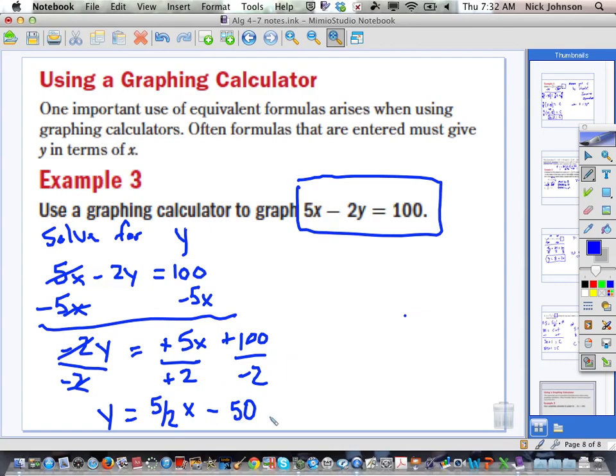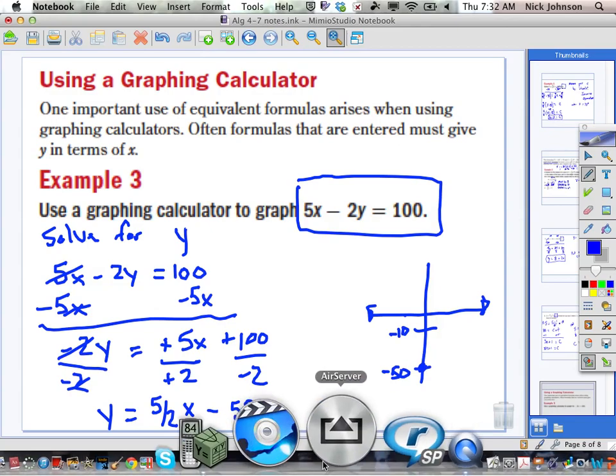Okay? On this graph, my y-intercept is clear down at a negative 50. That's this point right here. And then it has a slope, and then it goes through here. So if your window only goes to a negative 10, you are not going to see this point.